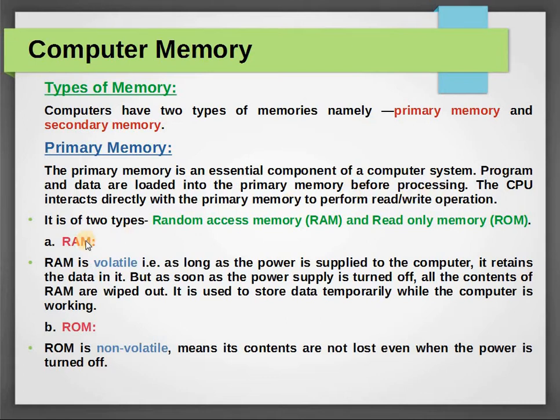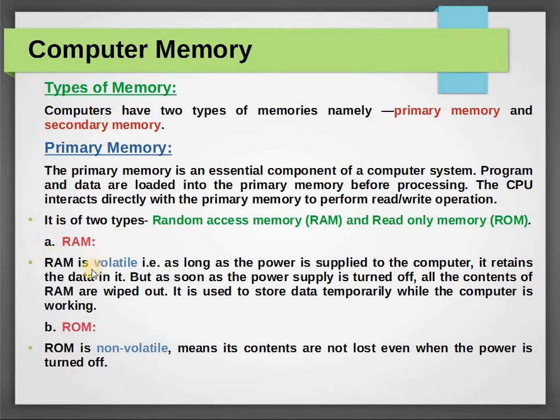The CPU interacts directly with primary memory to perform read and write operations. Primary memory is of two types: random access memory, also known as RAM, and second is read-only memory, also known as ROM. So we will discuss these two types of primary memory.